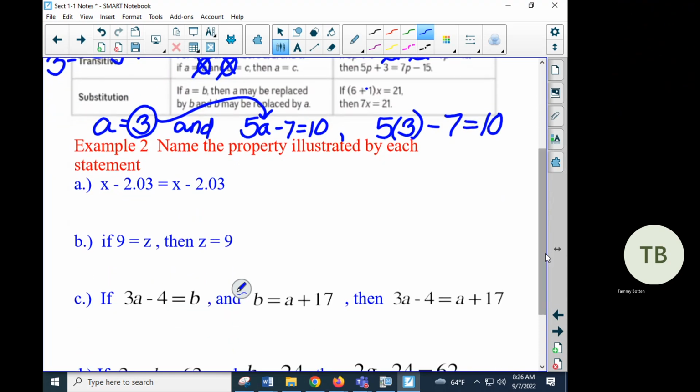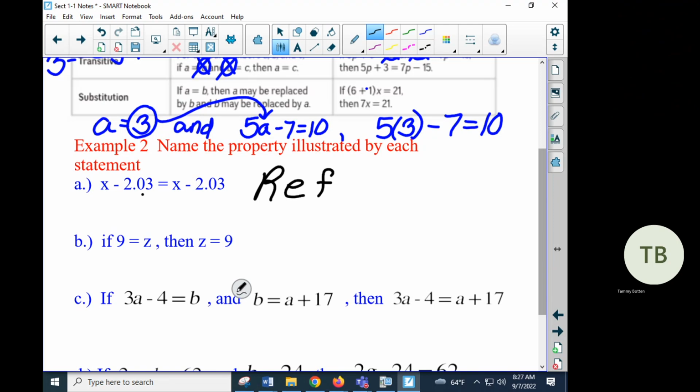So this one has one equal sign. That should automatically tell you something. And what do you notice about both sides of this? They're the same. So do you know which one that would be? Reflexive. Good. And if you just do REF, that's fine. Now, what do you notice about B?